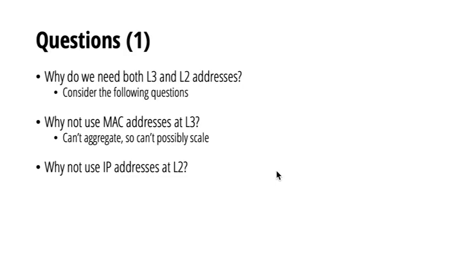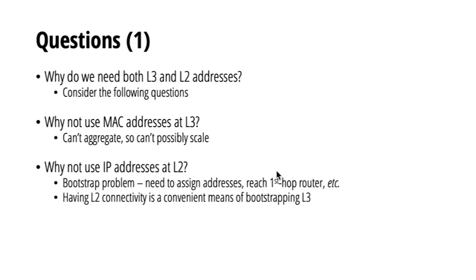It's definitely true that it's sufficient to use an L2 address. I would say it's stronger than that, that it's convenient to use an L2 address. The core of why we like L2 is that it solves this bootstrapping problem. We've said L3 address depends on where you are in the network, which means you have to be assigned an address.